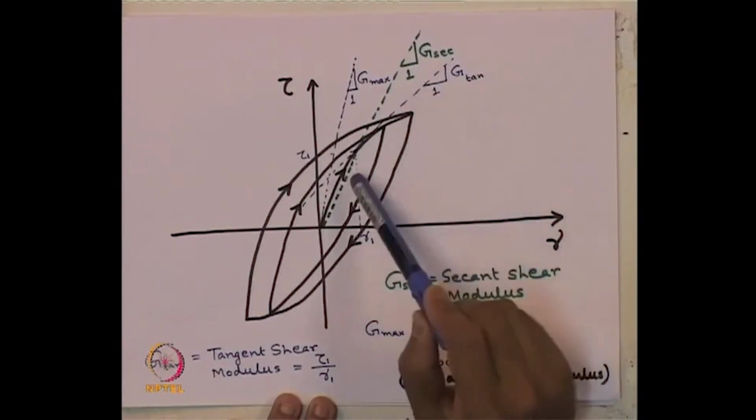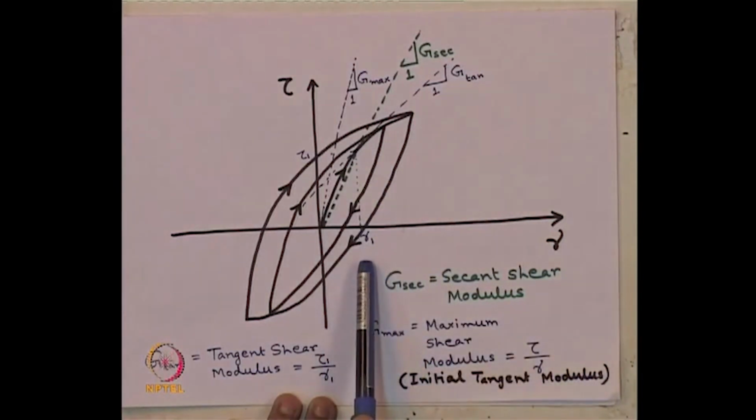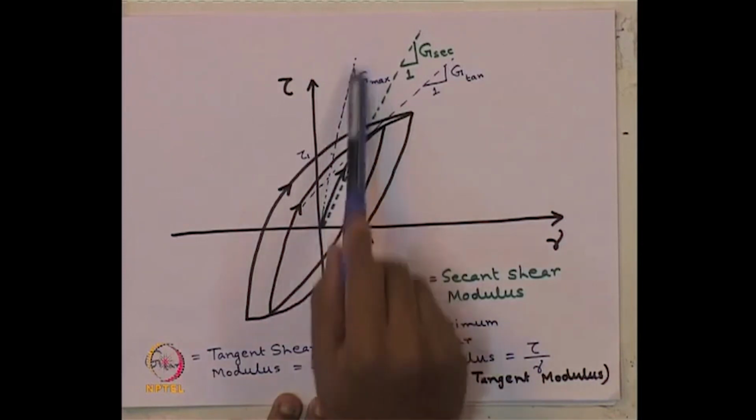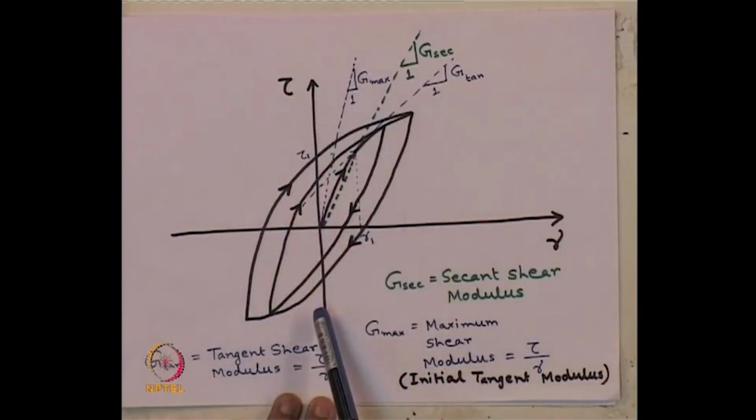G tangent is very much dependent on the cyclic shear strain applied to the sample, but G max is not dependent on the shear strain. It will remain constant for a particular type of soil material, but G tan will keep on changing.